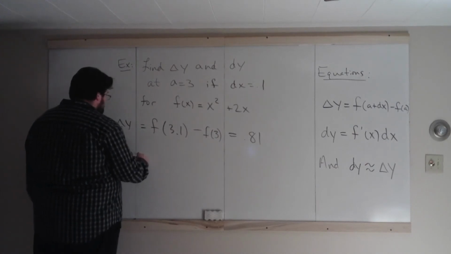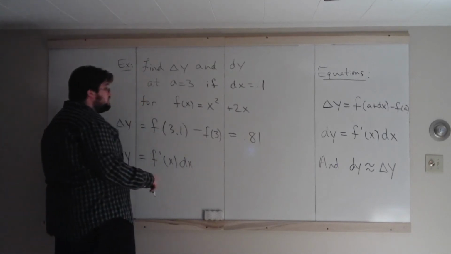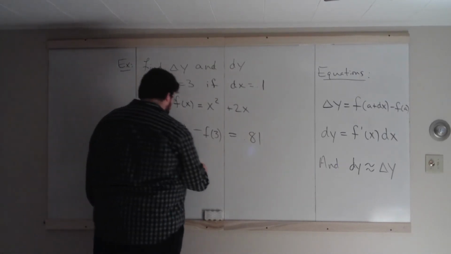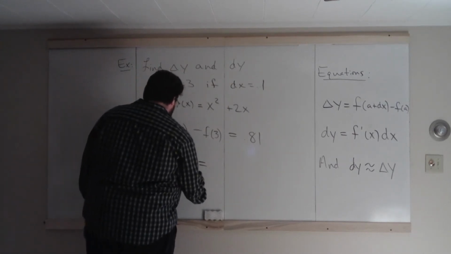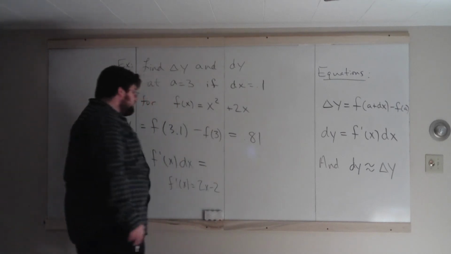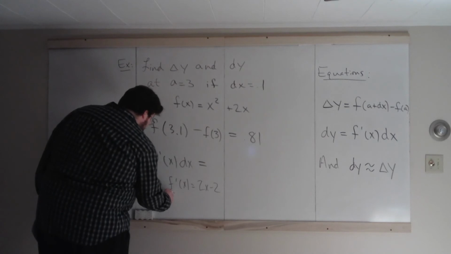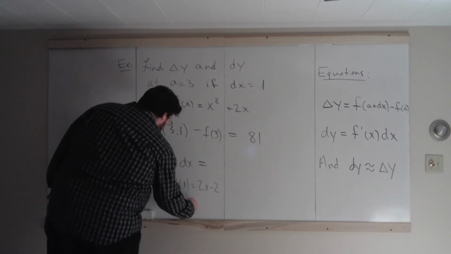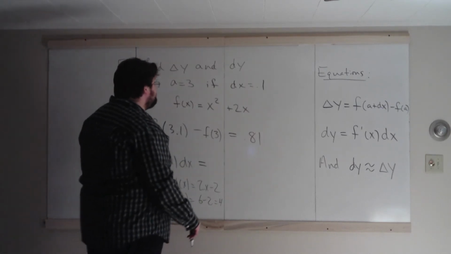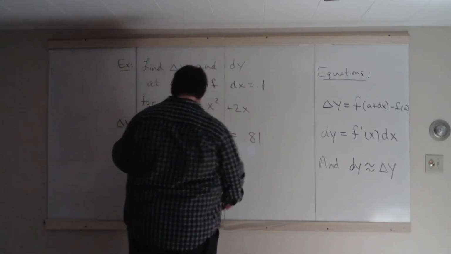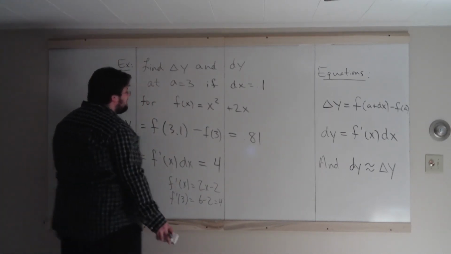And what's dy? dy equals f prime of x dx. What's f prime? F prime of x is 2x plus 2. So f prime at 3 is 6 plus 2, which is 8.